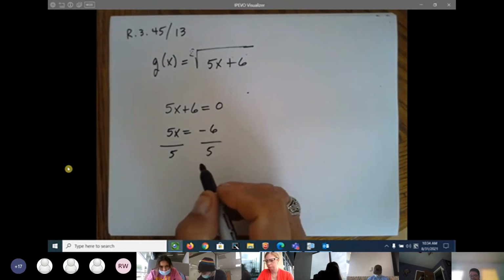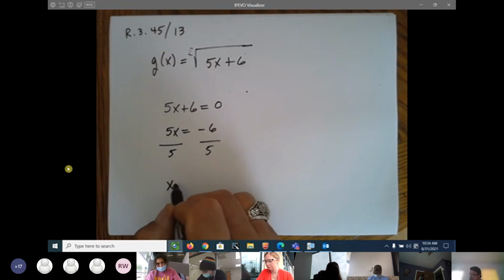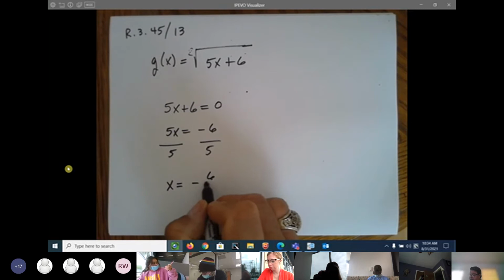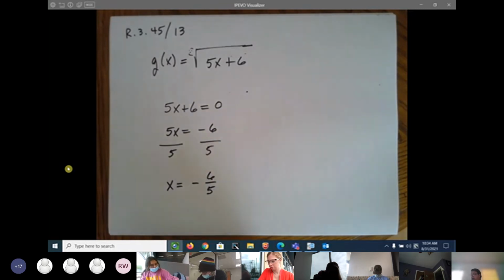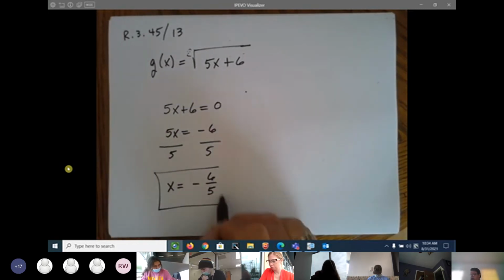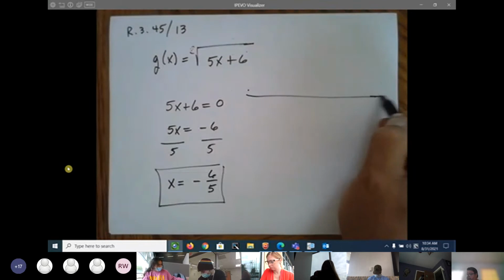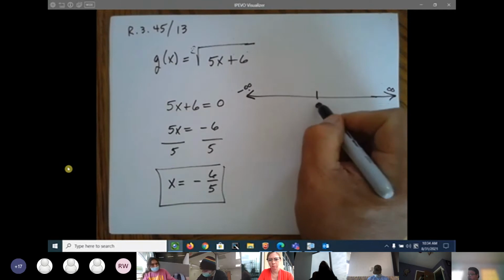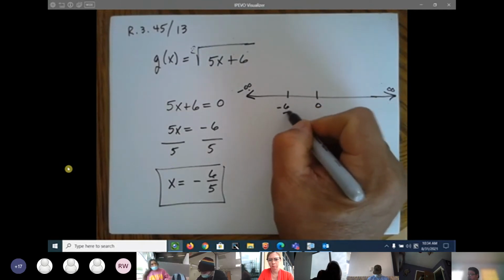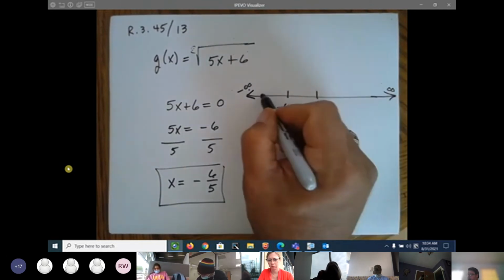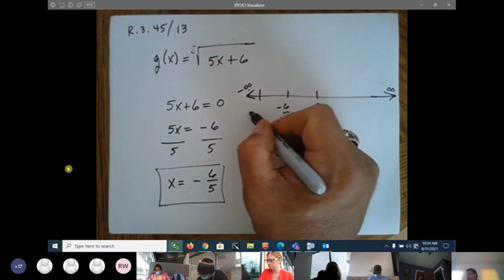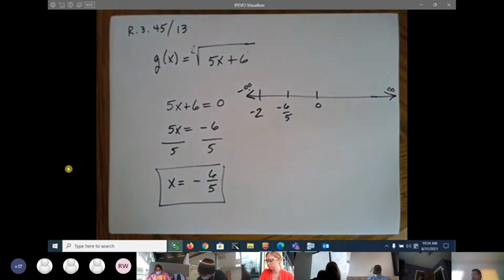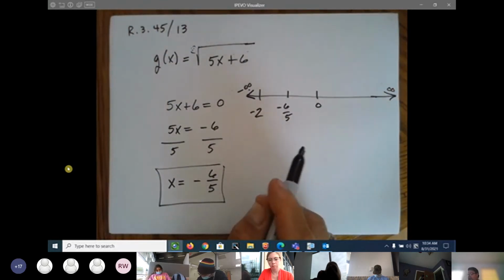And, excuse me, that's 2 yawns. x is equal to negative 6/5. So we've got to find out what negative 6/5 does to our function. 6/5 is what, 1 1/5?